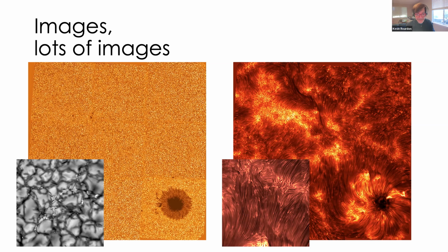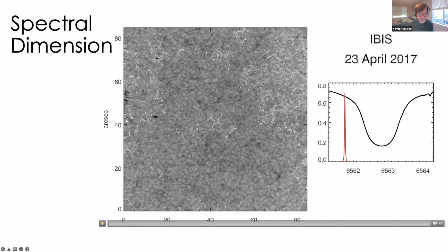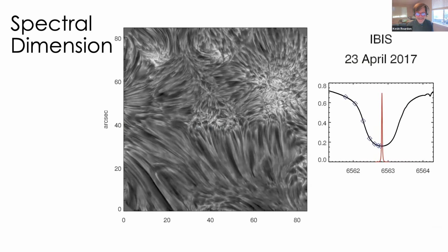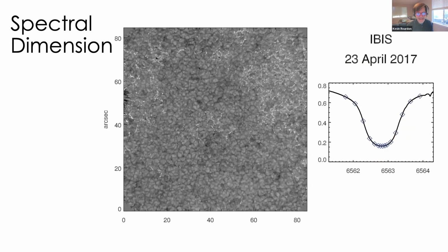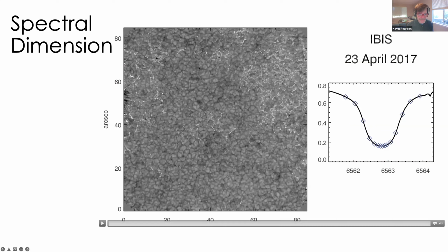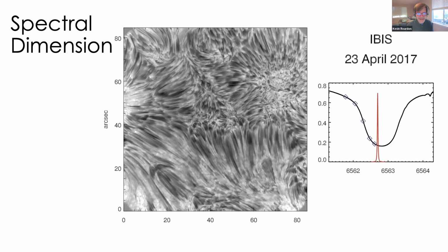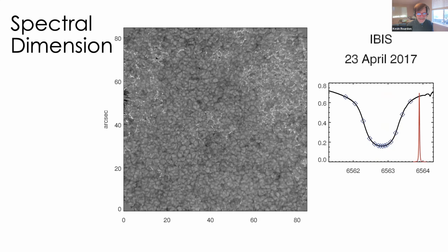And so these are single time snaps at single wavelengths, but we can also get spectral information, so we have another dimension. So we can look at these things as a function of wavelength, which tells us more about the atmosphere there and different heights or different aspects of the atmosphere.